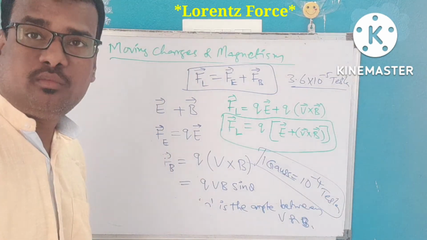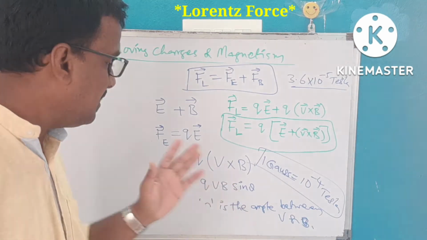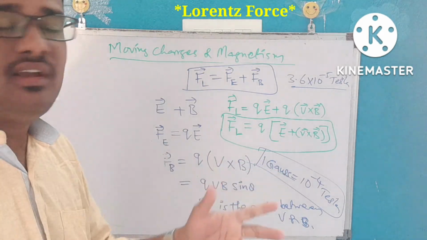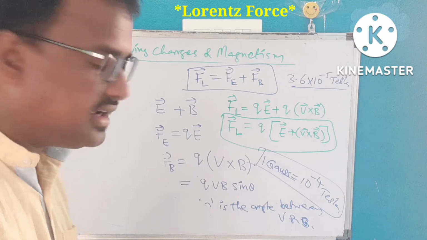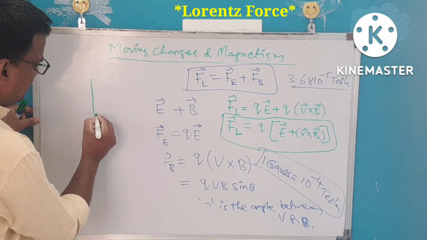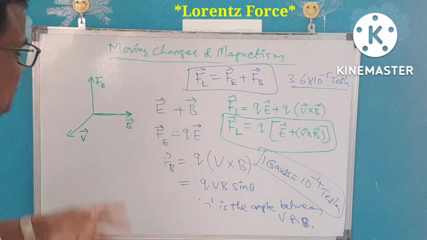Now we have to represent the directions of magnetic force, magnetic field, and the velocity direction of the charged particle.